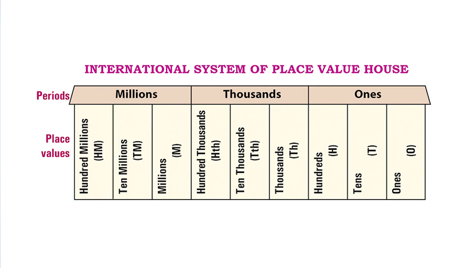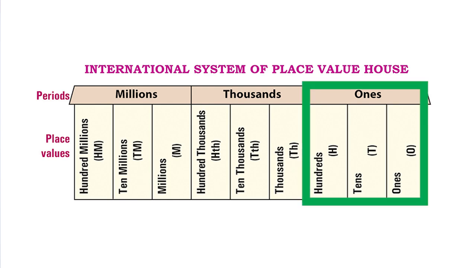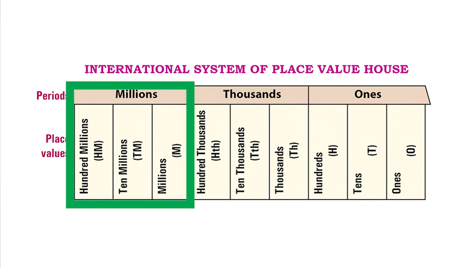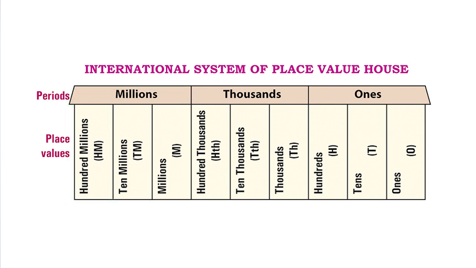And now let's look at the periods. Ones, tens, hundreds are grouped together as ones period. In the thousands period, we have thousands, 10,000s and 100,000s. In millions, we have millions, 10 millions and 100 millions. Here, we have groups of 3.